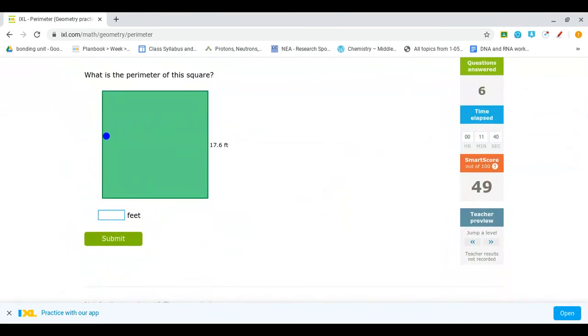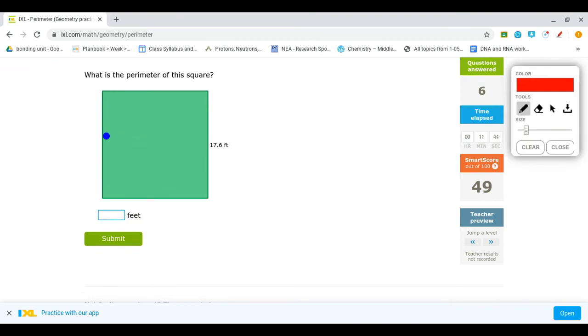Okay, we got perimeter of a square again. So if that's 17.6, across from it 17.6, and also these guys here are 17.6. And that's because it's a square, all four sides are congruent.